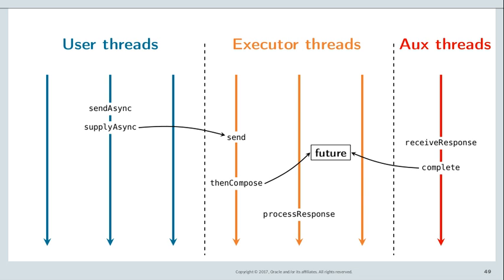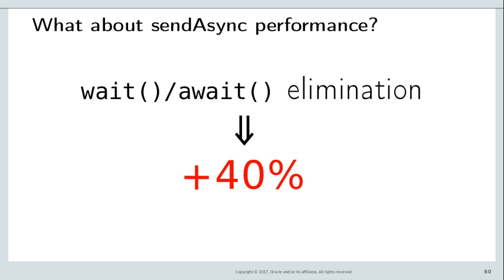That really saves a lot of resources, and that simple elimination of blocking inside an asynchronous API gives us real performance examples of a 40% performance increase, and I think it's the most useful performance tip for CompletableFuture.